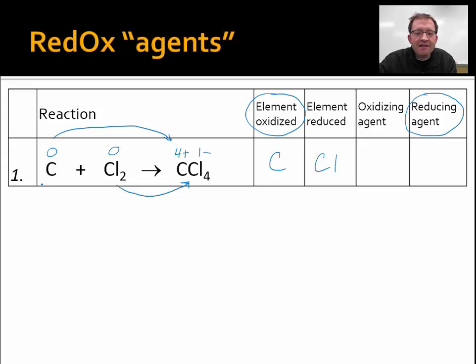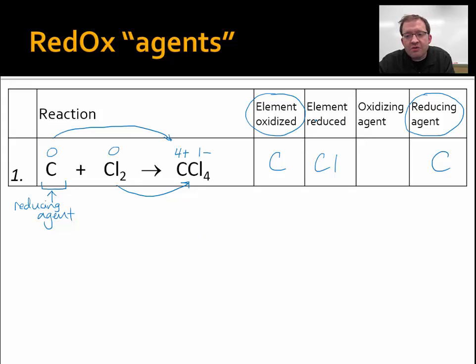It's whatever contains the carbon over here on this side of the equation. This is going to be the agent, specifically the reducing agent. Well, carbon is part of carbon and nothing more.